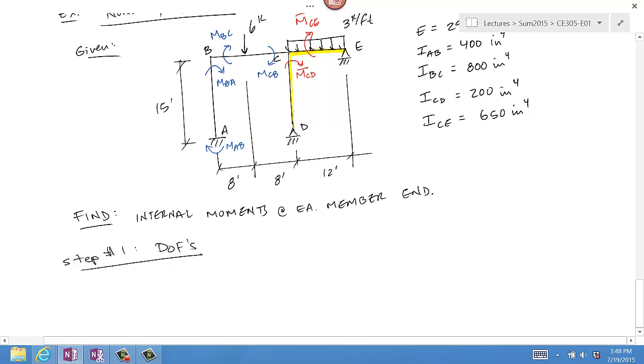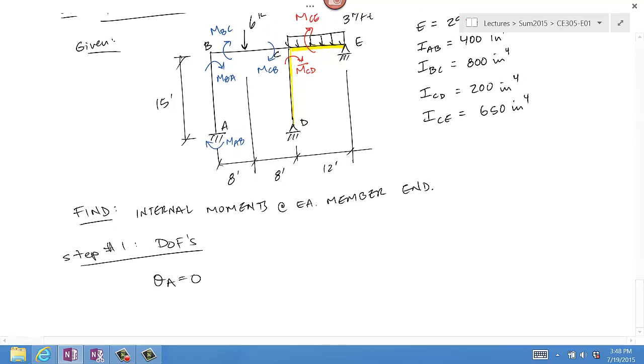So let's take a look at the thetas. So theta A is 0 because it's fixed. Theta B is an unknown. There is no boundary condition that prevents it from rotating.